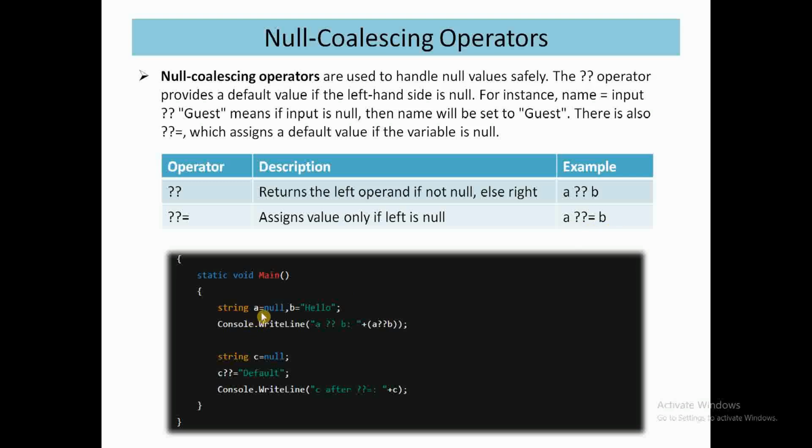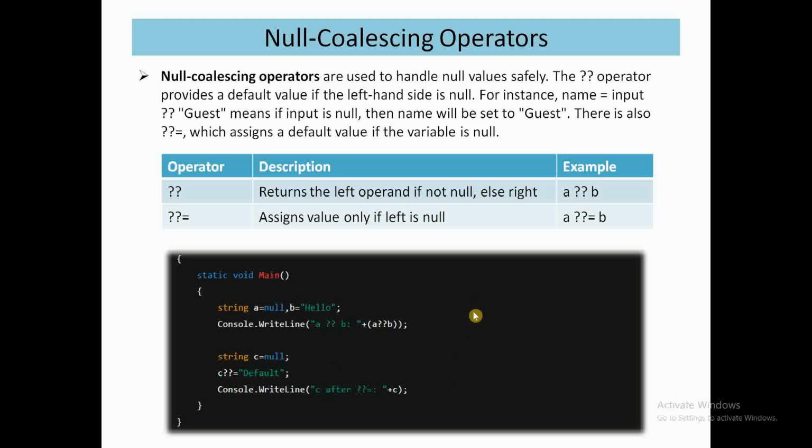First, string A is equal to null, B is equal to hello. Then it will print hello because A is null, so it gives the value from the right-hand side. For the second one, C is null and the default value is assigned. We are using only one variable here, only C.